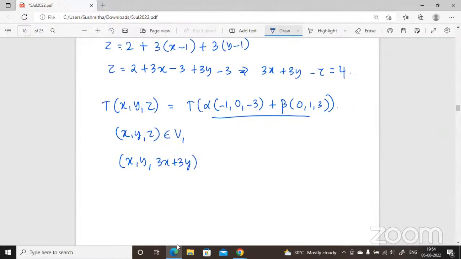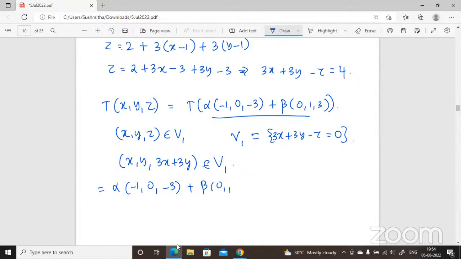This is correct, right? Do you agree to this? Because V1 is 3x plus 3y minus z is equal to 0. So this is clear, right? Yes. I need to express this in terms of these two vectors. So alpha times minus 1, 0, minus 3 plus beta times 0. Linear transformation you can get from x, y, z equal to what?